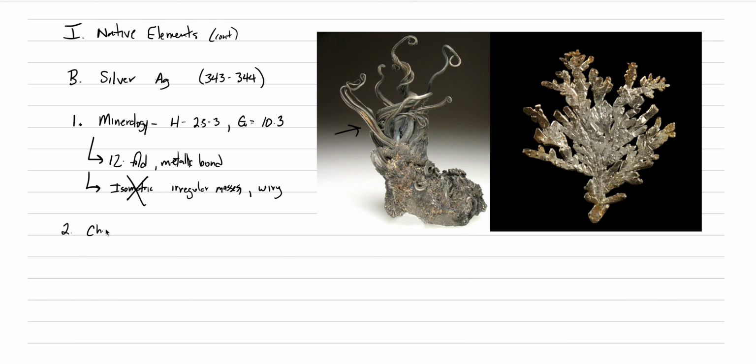Mineralogy and chemistry also have some important things to note here, and the first would be that we do make these alloys with solid solutions. As an example, there is the alloy between gold and silver, which is called electrum. But there's another one called amalgam.